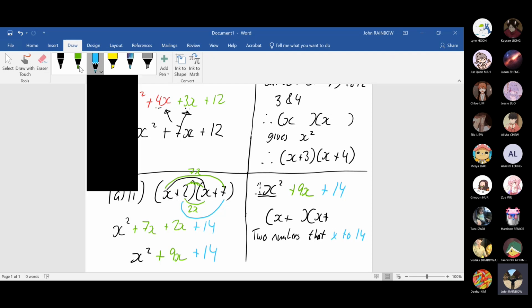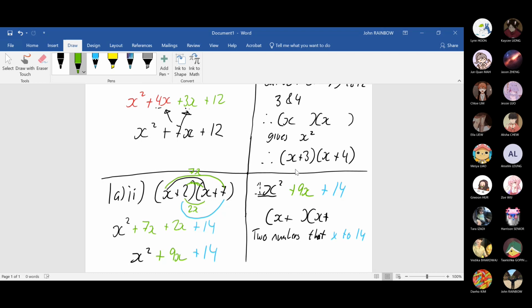And to multiply to 14 and add to 9. Why we need them to add to 9 is because that went 2x, 2 by x, because that's just a 1x. This number multiplied by that will just give us the number in front. That would just be 2x. x by 7 will just give us 7x.